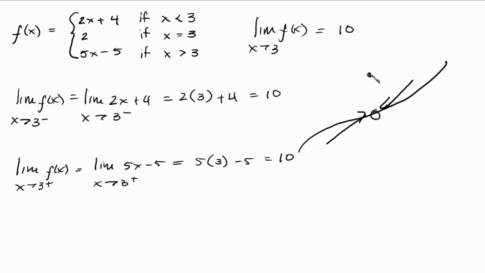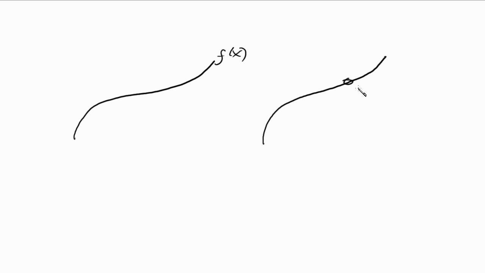This point could very well be over here. As a matter of fact, if you have two functions, here's f of x, and here's another function, g of x, the only difference is that it has a hole in it. In that case, does the limit exist?